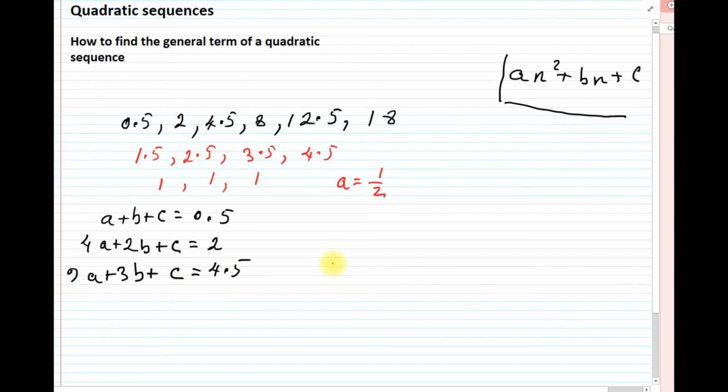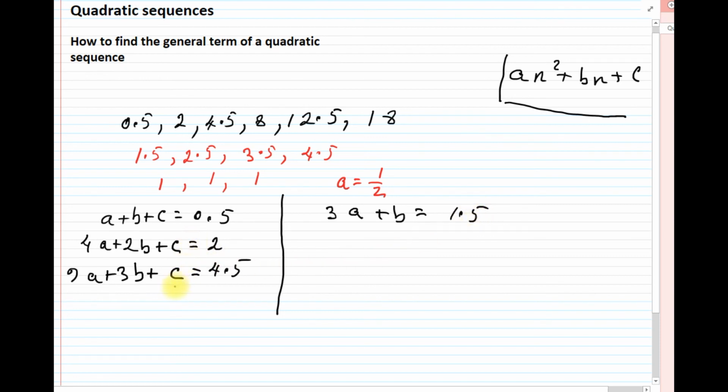If I subtract the second one from the first one, I'll get 3A plus B is equal to 1.5.